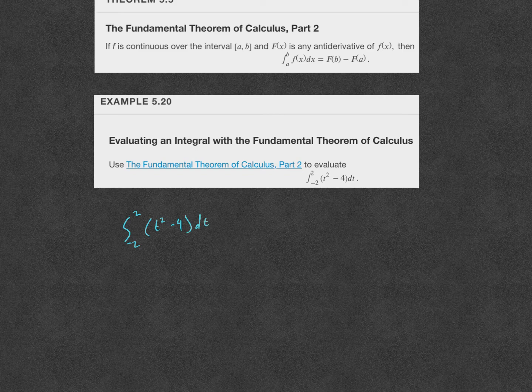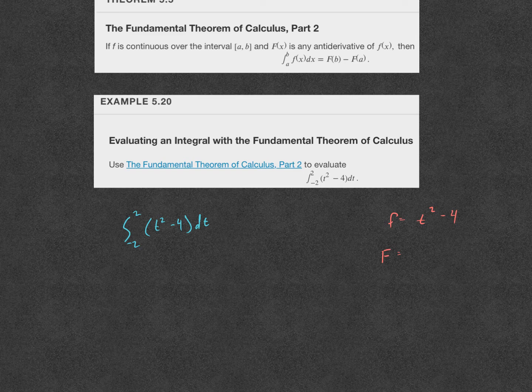All right, and the way that we do this, I'm going to write a little bit off to the side to start. I'm going to write that my little f function is equal to t squared minus 4. Well, the capital F function is the antiderivative. Remember back in 4.10 we did all those antiderivatives.